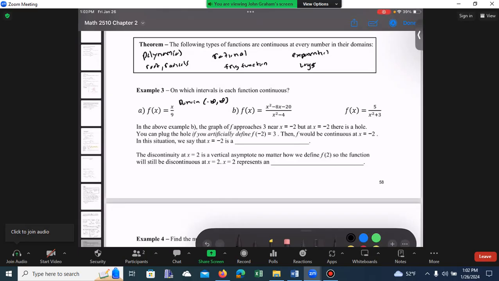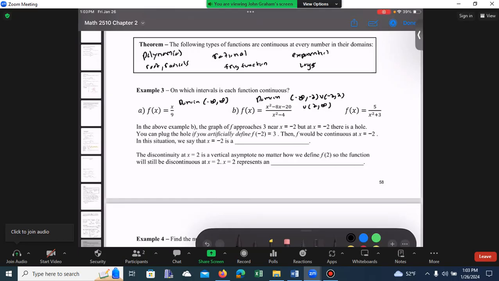We'll find the domain is negative infinity to negative 2, negative 2 to 2, and 2 to infinity. Okay. 2 and negative 2 cause a discontinuity there. But in the domains, there's 3 regions where it's continuous.